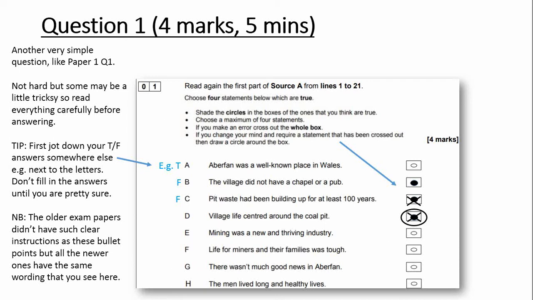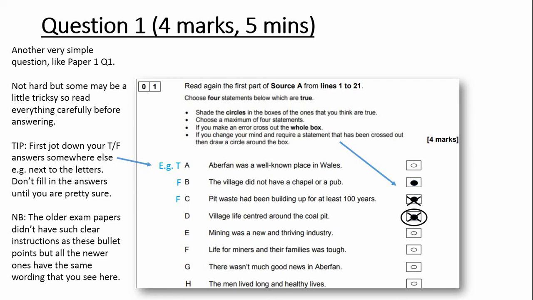But this is what I mean when I say it's important that you are clear in your mind which answers you want to choose, or as clear as possible in your mind which answers you want to choose before you go on to actually fill in the box. Because you can see, can't you, how it might start to get quite confusing for an examiner quite quickly if you've got various scrolls all around.